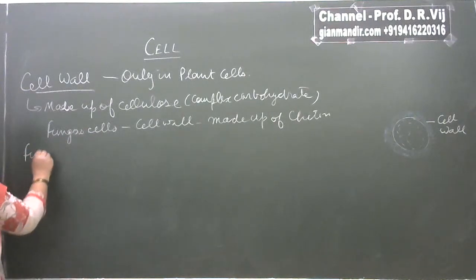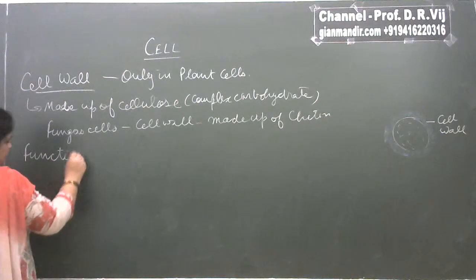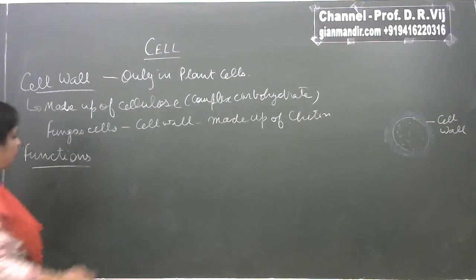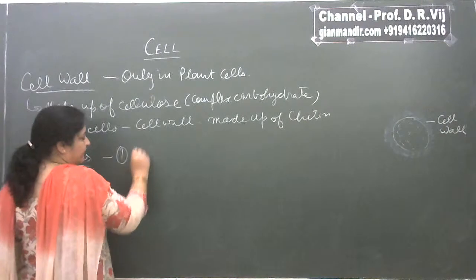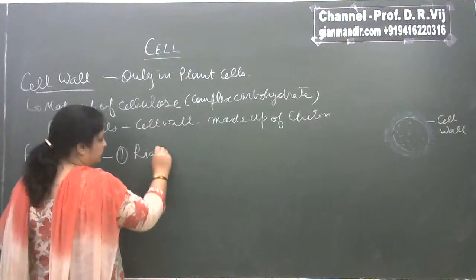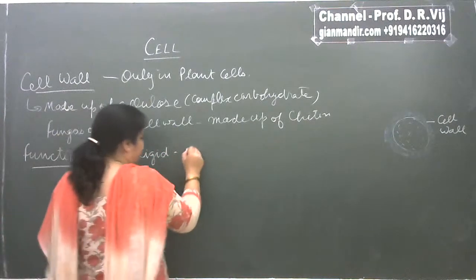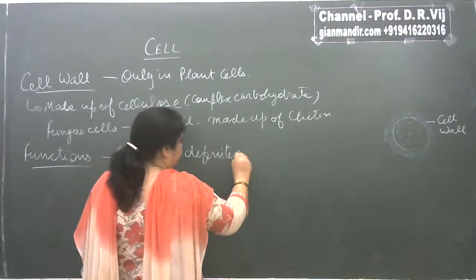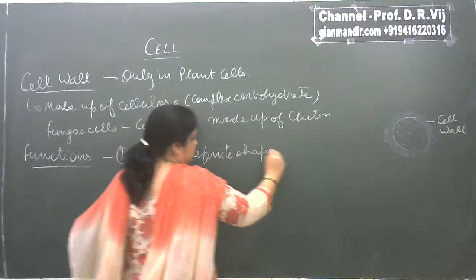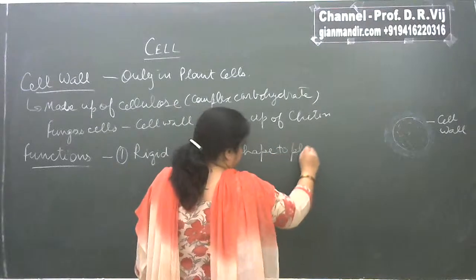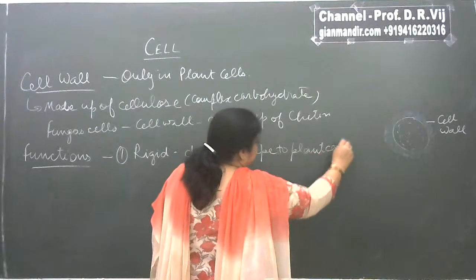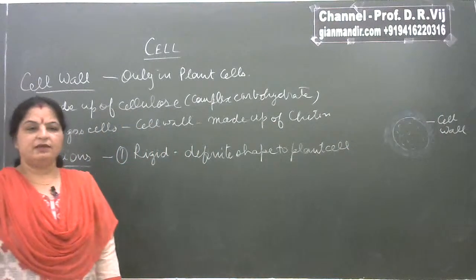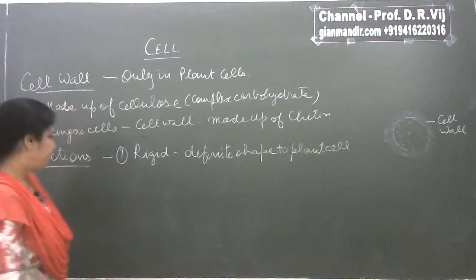If we look at the functions and characteristics of the cell wall, as this cell wall is rigid, it provides a definite shape to the plant cell. So due to the presence of the rigid cell wall, plant cells cannot change their shape, right?